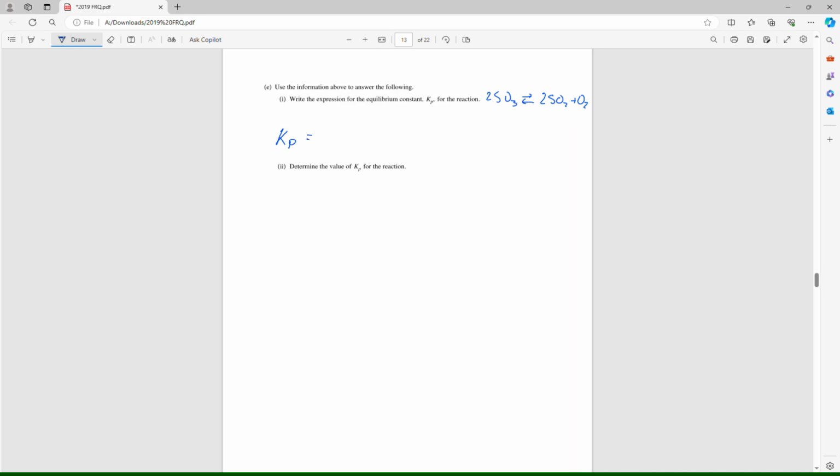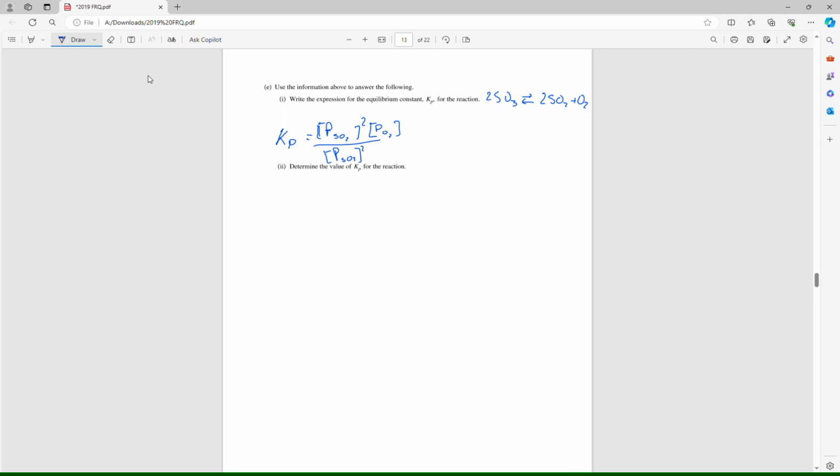The coefficients become the exponent, so SO2 squared, but it's Kp, that's pressure, so it should be, sorry, I gotta grab my eraser here, should be the pressure of SO2 squared, times the pressure of O2 over our reactant, which is SO3, so the pressure of SO3 squared.